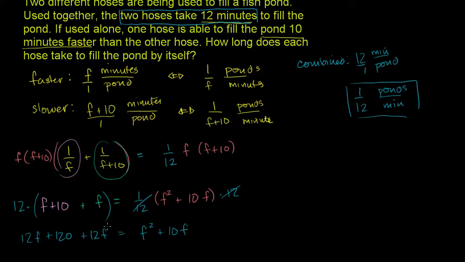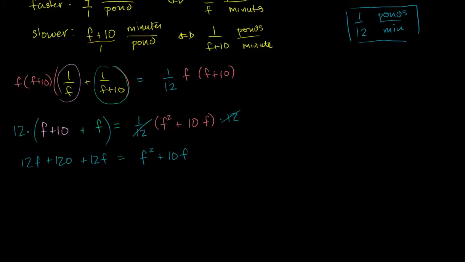And now we have a quadratic. We just have to get it into a form that we know how to manipulate or deal with. And before that, we can simplify it. We have a 12f and a 12f, so this becomes 24f plus 120 is equal to f squared plus 10f. And then let's get all of this stuff out of the left-hand side. Let's get it all on the right-hand side.